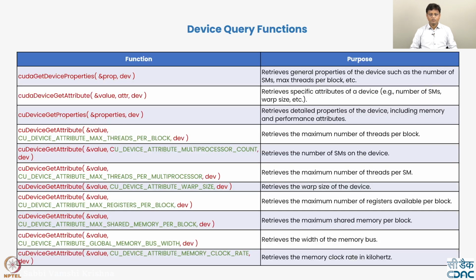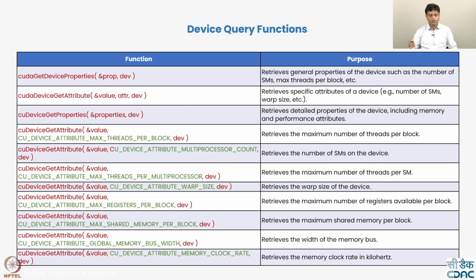Now, the NVIDIA programming model provides several device query functions. These device query functions are quite useful. Using them and by passing some attributes, I can get information about the underlying GPU, and you do not need to study more about its microarchitecture and specification.